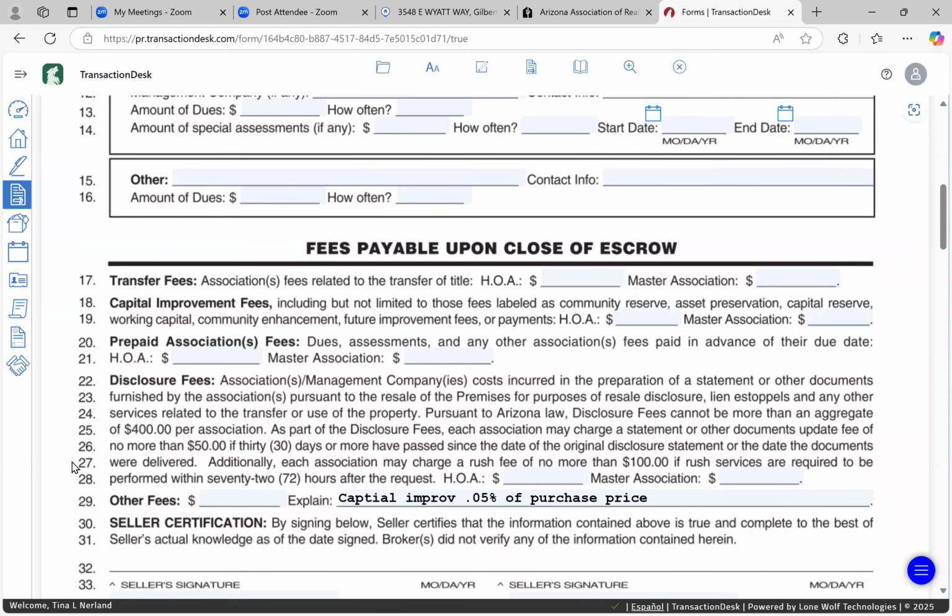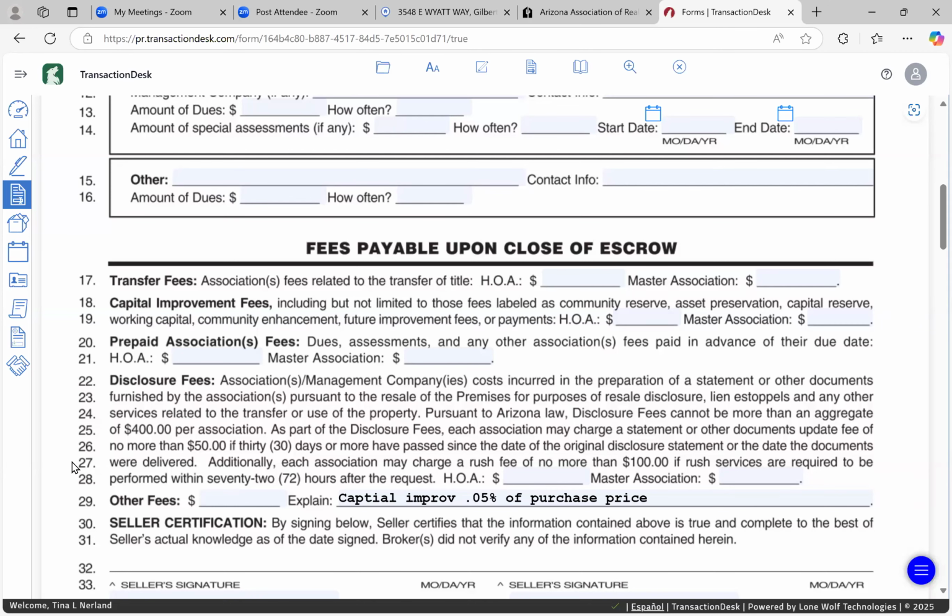Disclosure fees is an association management company's costs incurred in the preparation of a statement or other documents furnished by the association pursuant to the resale of the premises for purposes of resale disclosure, lien estoppels, and any other services related to the transfer or use of the property. Pursuant to Arizona law, disclosure fees cannot be more than an aggregate of $400 per association.